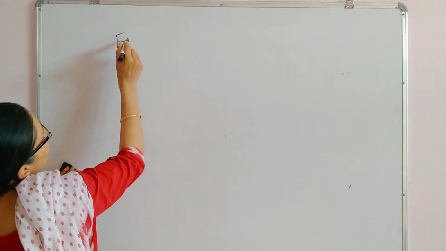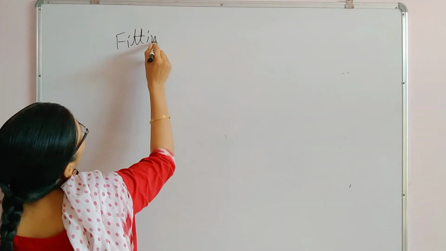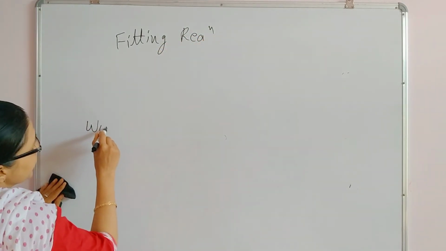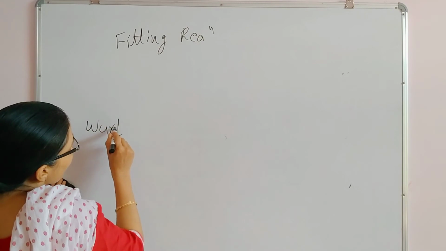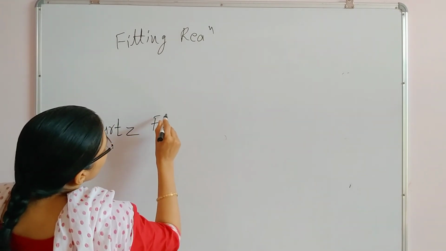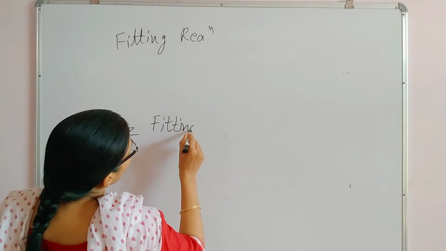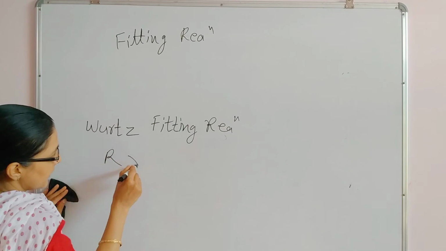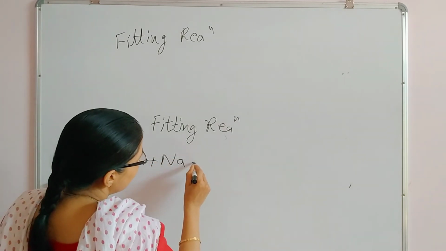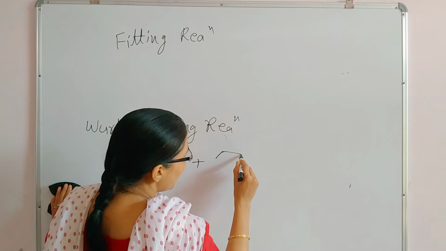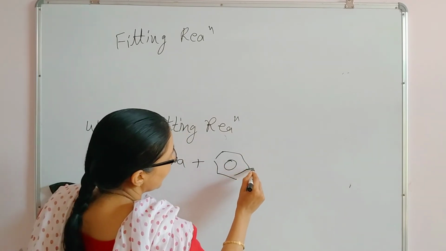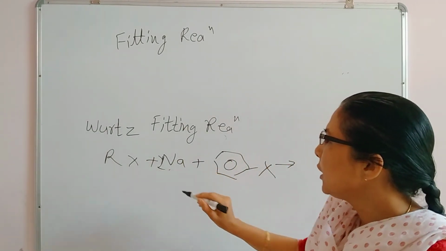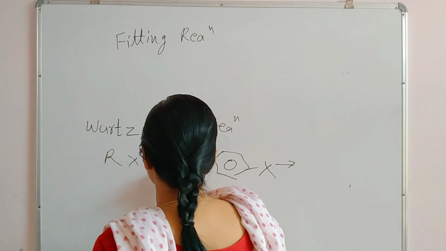One is Fittig reaction. Another is Wurtz-Fittig reaction. In Wurtz-Fittig reaction, you will take one RX plus Na, and instead of one RX, suppose you are taking benzene ring and halogen, there will be formation of again your Wurtz reaction, just like Wurtz reaction.